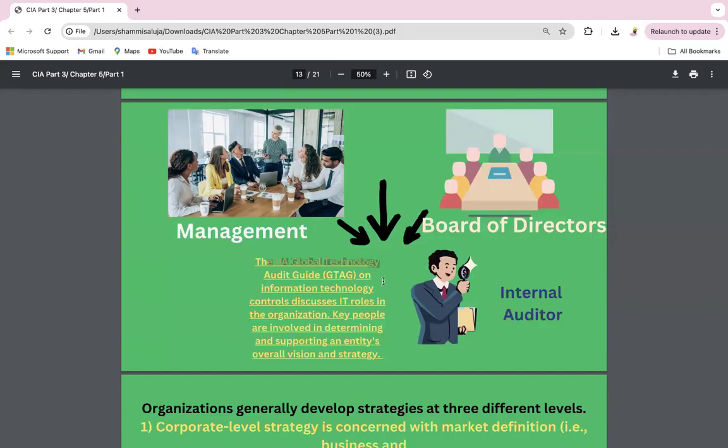Information technology and information communication. Here we are talking about information technology, right? The Institute of Internal Auditors Global Technology Audit Guide is particularly relatable to information technology control. So that means it's the management, the board of directors and the internal auditor who altogether are the important persons involved in information technology controls, right?